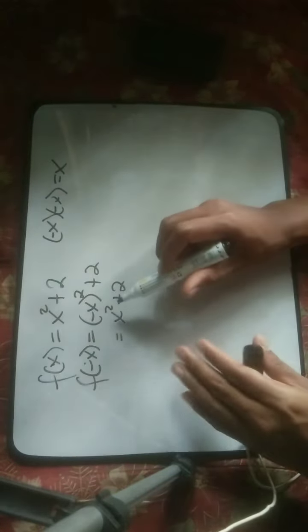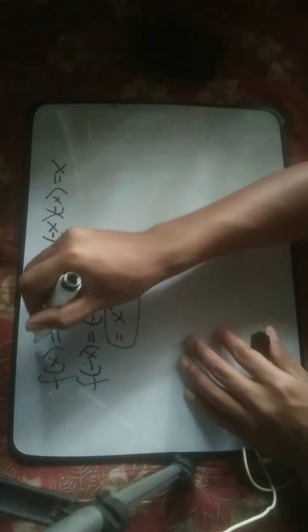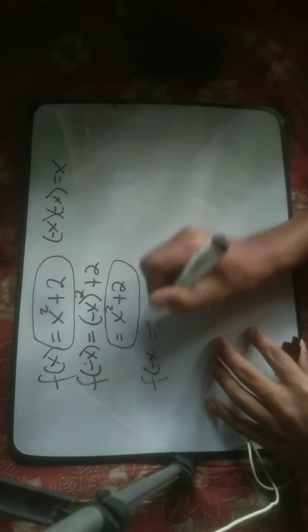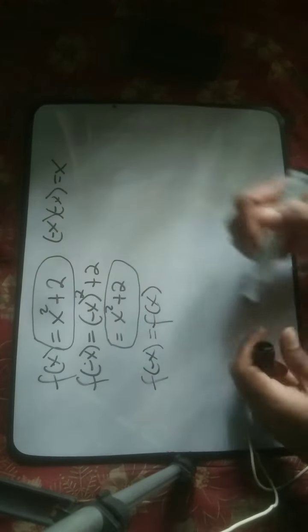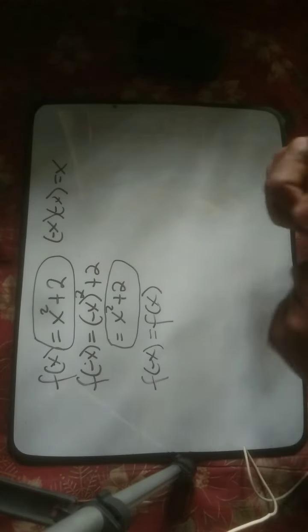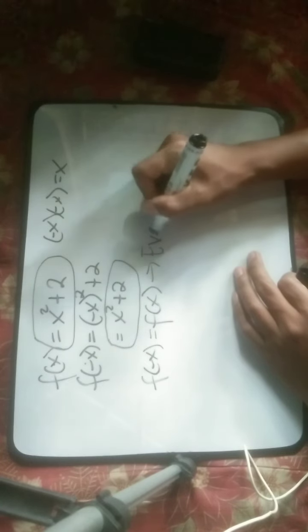So if we look at our new function, it is still the same as f of x. So therefore, f of negative x is equal to f of x. So this function is even.